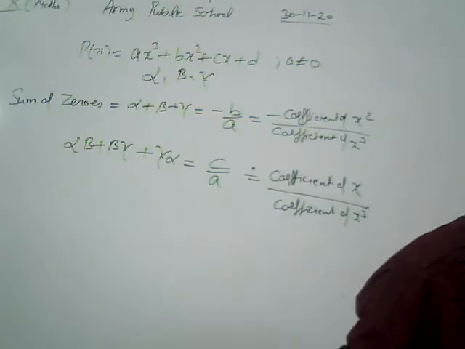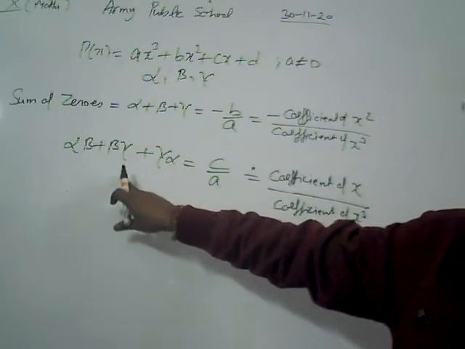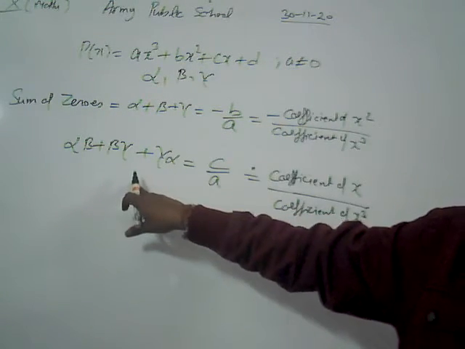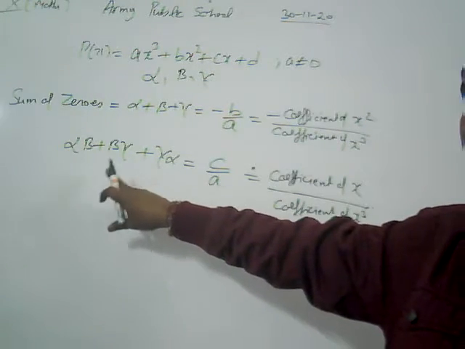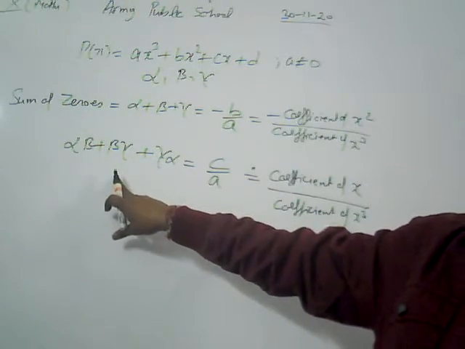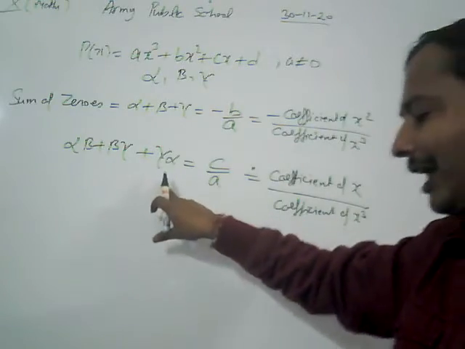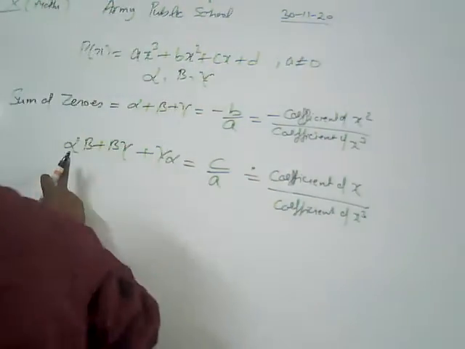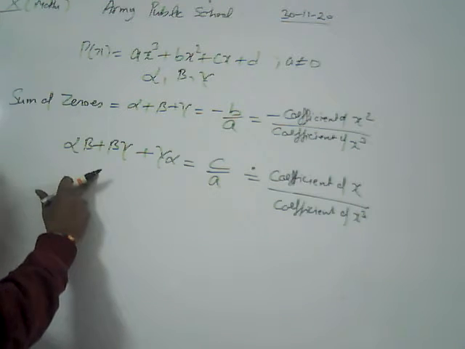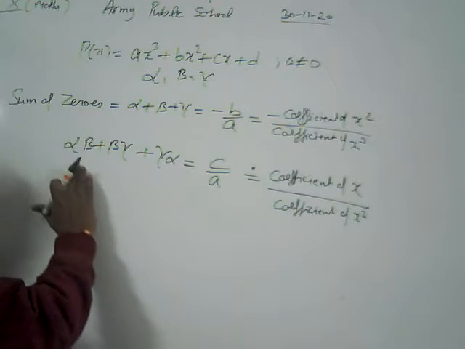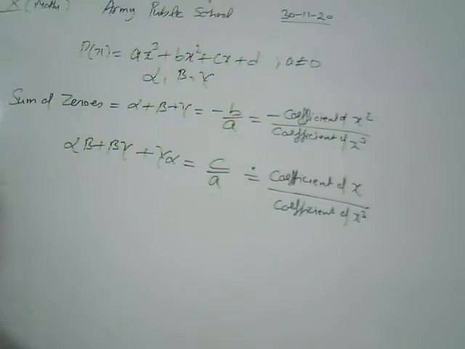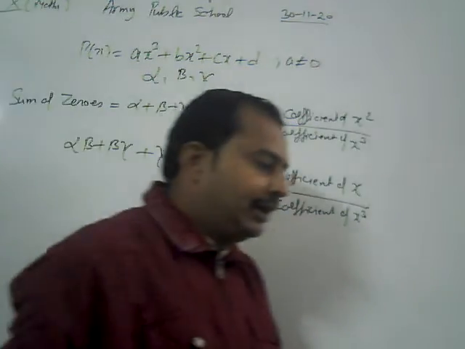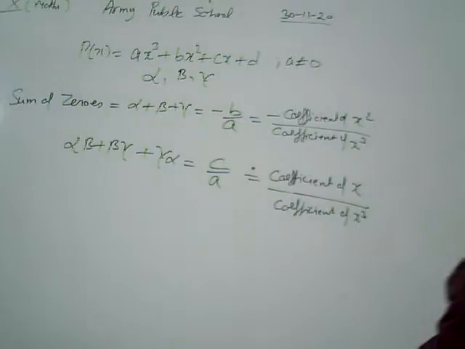What is this alpha beta plus beta gamma plus gamma alpha? It is the sum of the product of zeros taken two at a time. It is given by c by a, where c is our coefficient of x and a is the coefficient of x cube.